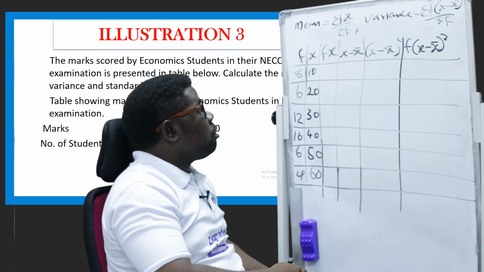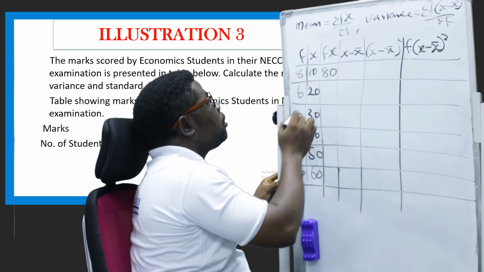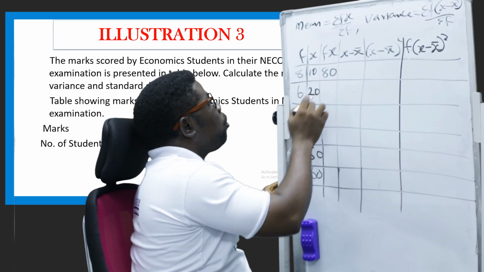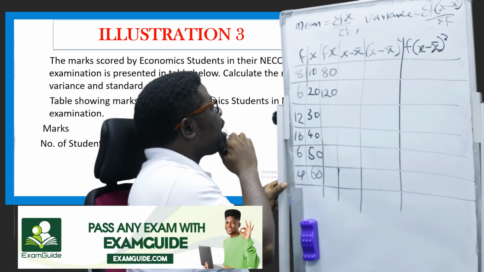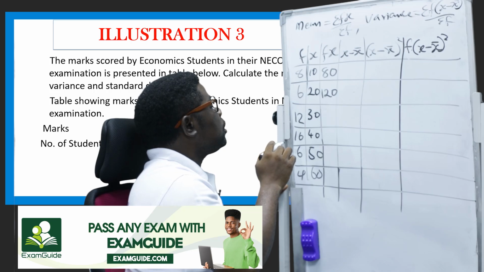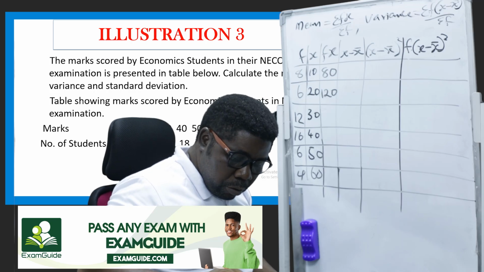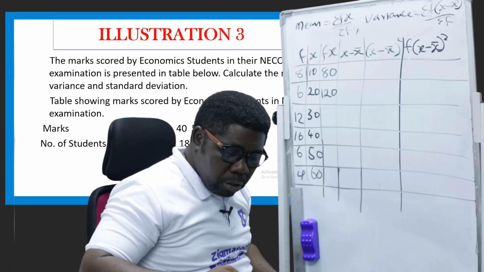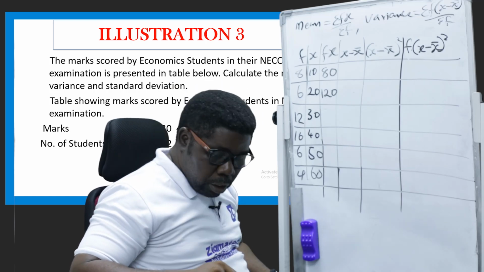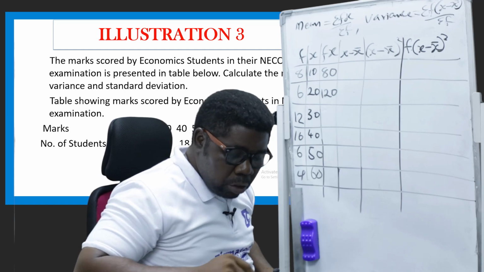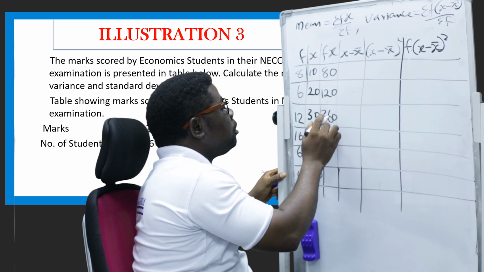So let's do 8 times 10, which is 80. 6 times 20 is 120. 12 times 30 is, well, let's be sure, 12 times 30 is 360, sorry. We have 360 as our value.